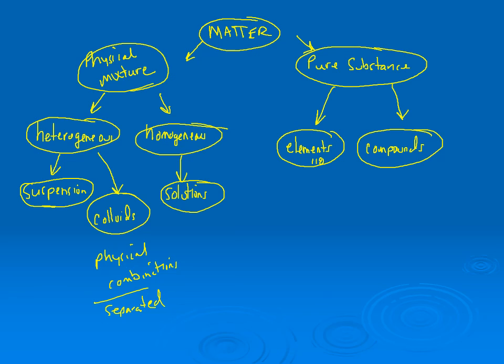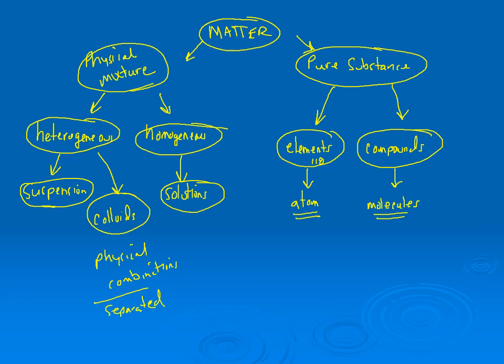With elements, while this is not necessarily a subclassification, remember that atoms are the smallest parts of an element, and with compounds, typically we call them molecules or formula units. So that's just the smallest part. It's not really a subcategorization, it's just a small part.